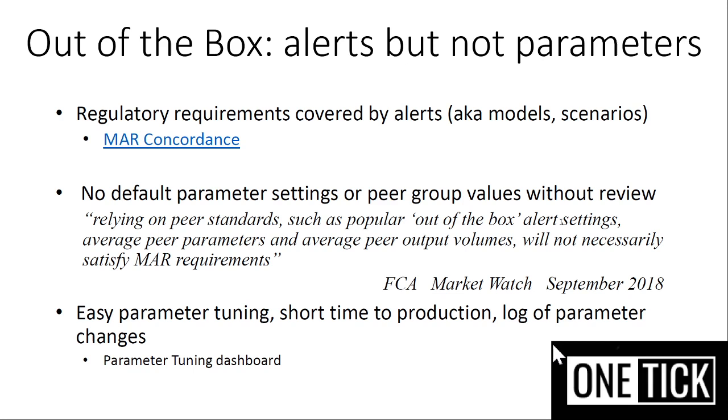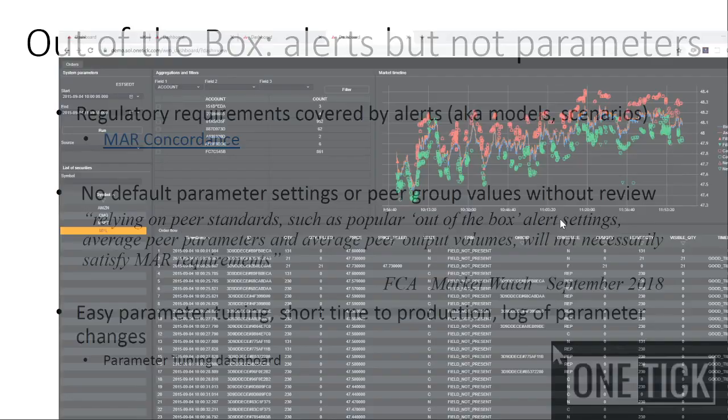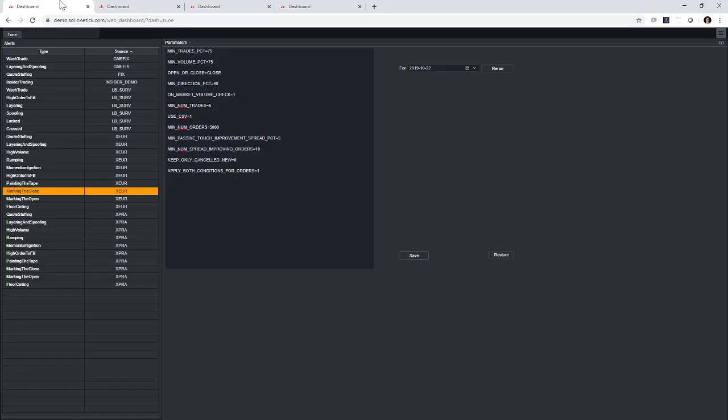In order to be able to do that, you need to have convenient tools to check the different alert parameter values, and you need to be able to make sure those changes are promoted to production very fast. To show you what we are doing, I'll go into one of the dashboards. We call it the tune dashboard or parameter tuning dashboard. Just as an example, we'll take a look at marking the close.